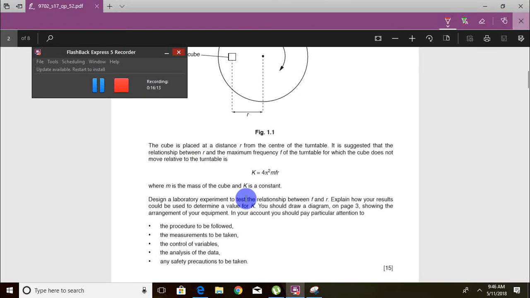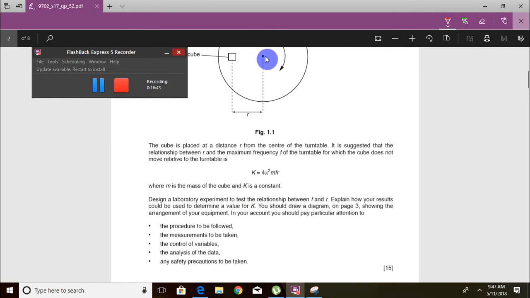So I guess that wasn't a very explicit way of saying it. You can say that the method or the technique of measuring the distance R should be standardized. For example, R can be taken as the distance between the center of the turntable and the nearest surface of the cube, right?